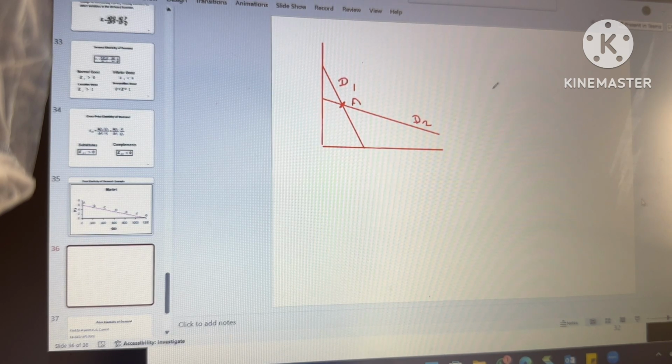So I want you to answer this question, right? Price elasticity of demand at point A. What is the price elasticity of demand at point A?